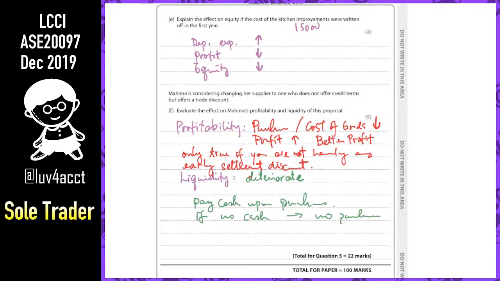You pay your purchases directly, and the inventory sits in your warehouse until it is sold, and you have to wait for your trade receivables to pay you. But in this case, it is still good because you have cash sales. How do you know that? Because there are no trade receivables in your statement of financial position, so you sell on a cash basis. You know it from your statement of financial position.